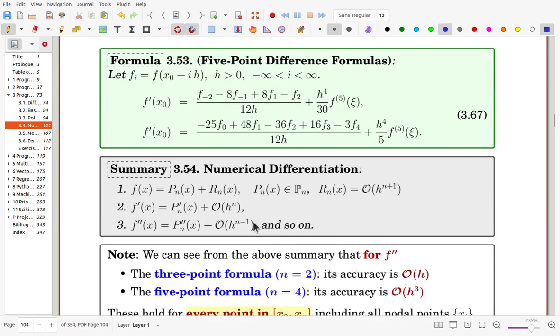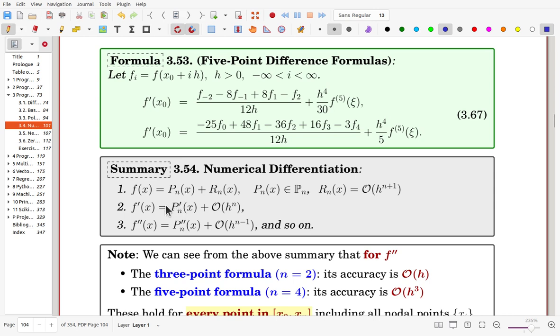In general, in numerical differentiation, we have these results. Once a given function is interpolated by using an nth order polynomial, and we have a remainder term, then the remainder term is order h to the n plus 1, because P of n is using n plus 1 points.